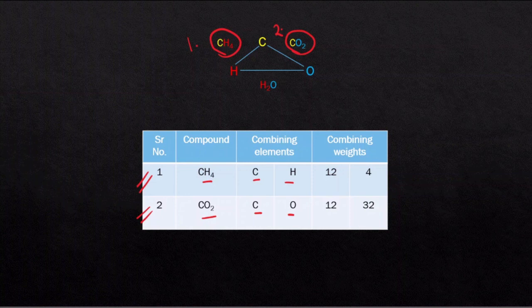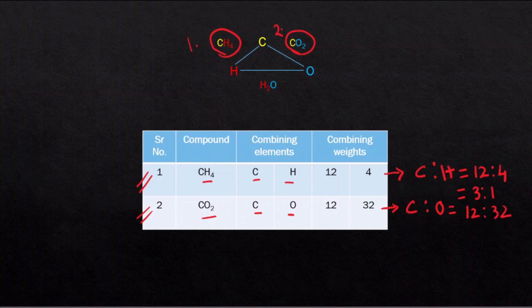So this gives us the carbon and hydrogen mass ratio, which is going to be 12:4. Upon reduction, it becomes 3:1. And now if we check the mass ratio for carbon and oxygen in this compound, it is 12:32.